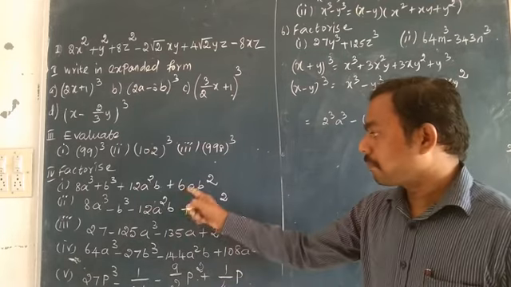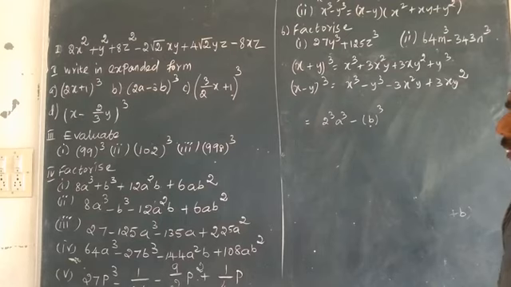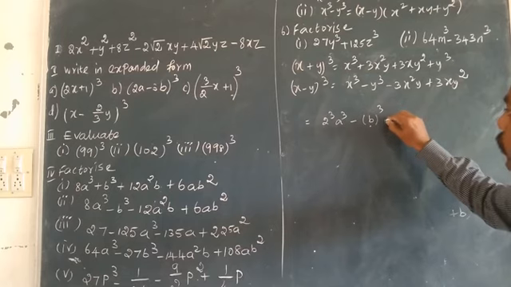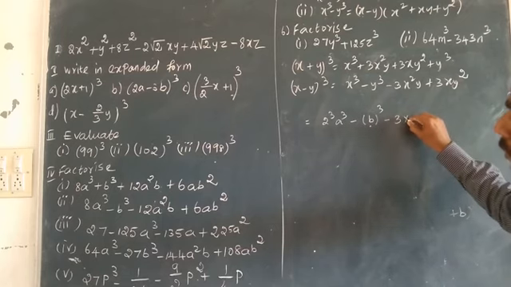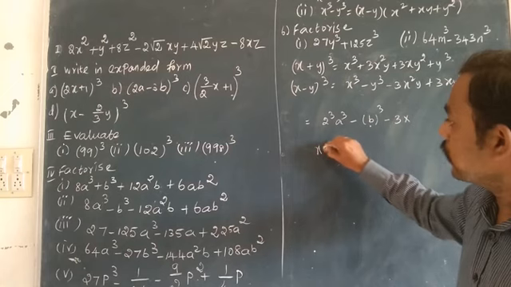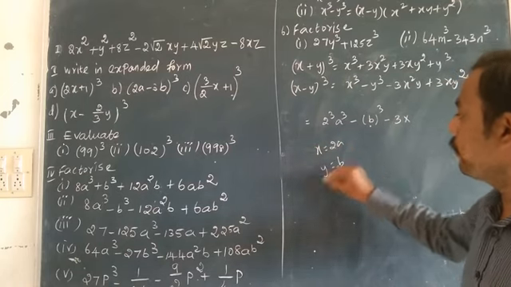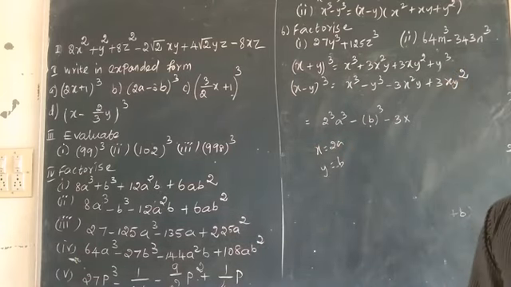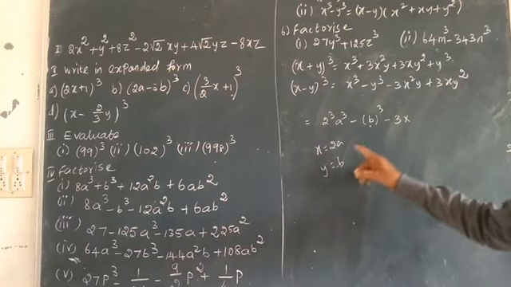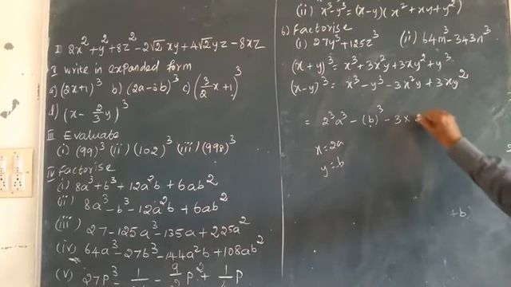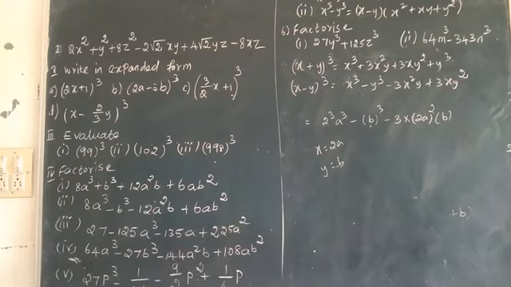Compare the same thing. Here we have minus, so minus 3 into, we identified x is equal to 2a and y equal to b here. Like that you need to identify. For that, here 3 into (2a) the whole square into b and plus 3 into 2a into b the whole square.